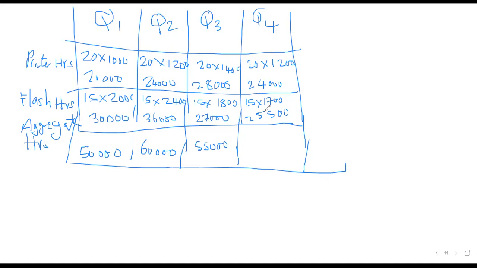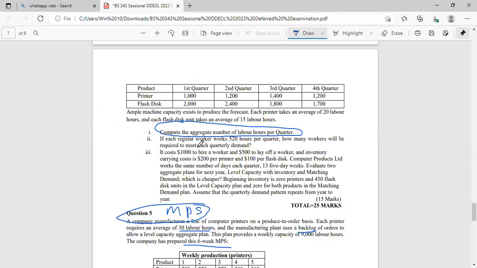The aggregate hours here will give us 49,500. So this is about the aggregate hours. So we have answered the first part of this question in terms of computing the aggregate number of hours per quarter.